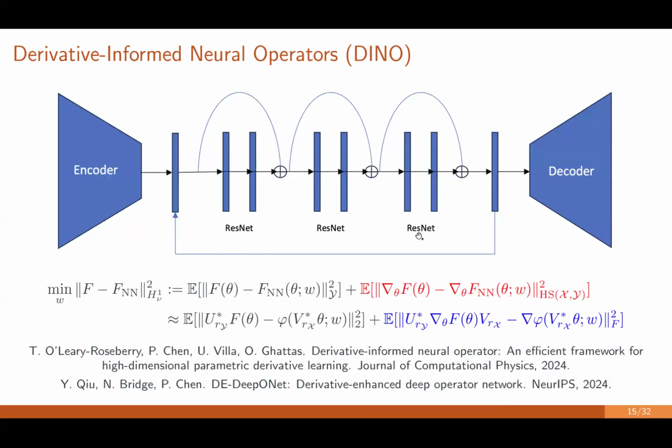In the training of the neural network, it's the same architecture and the same dimension reduction, but what's different is that you simply add this term, which is the match of the Jacobian information. We have the Jacobian from the full map and the Jacobian from the neural network map, measured in Hilbert-Schmidt norm.